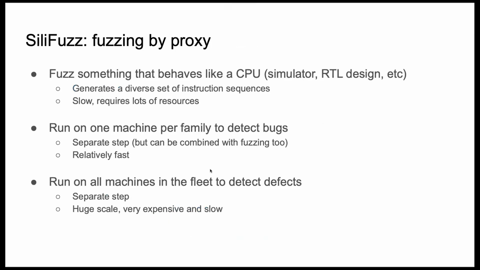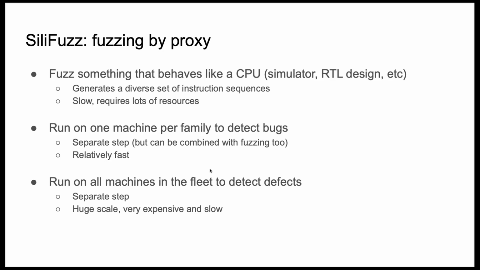So this problem doesn't have a single solution. There are fault injections and fleet monitoring and software practices and hardware development practices. The SiliFuzz project is aiming at a very narrow part of this business problem, which is to find defective machines in the fleet and evict them from the fleet.